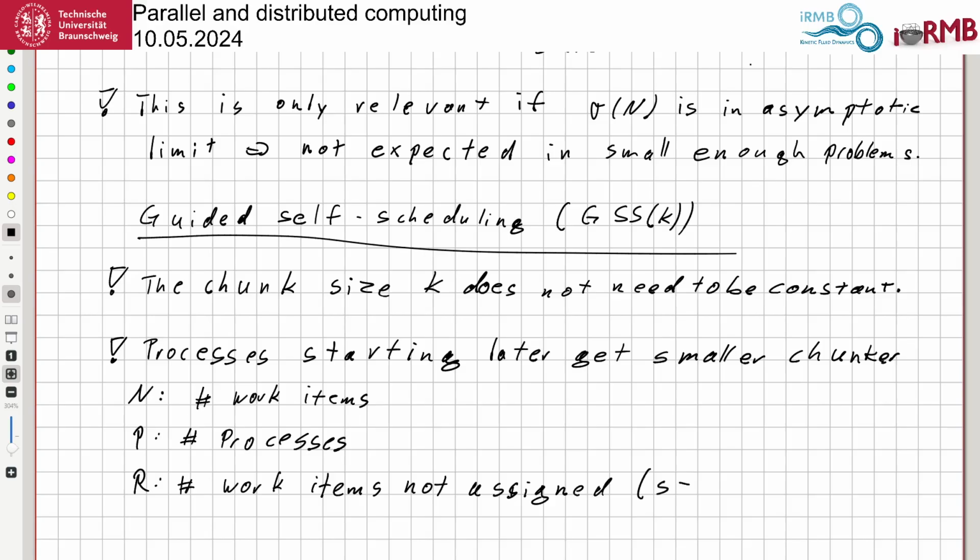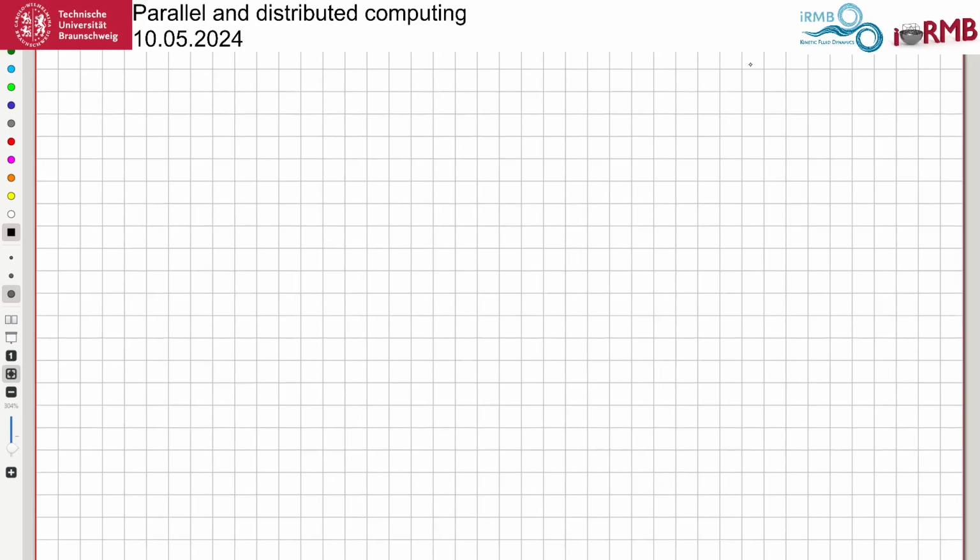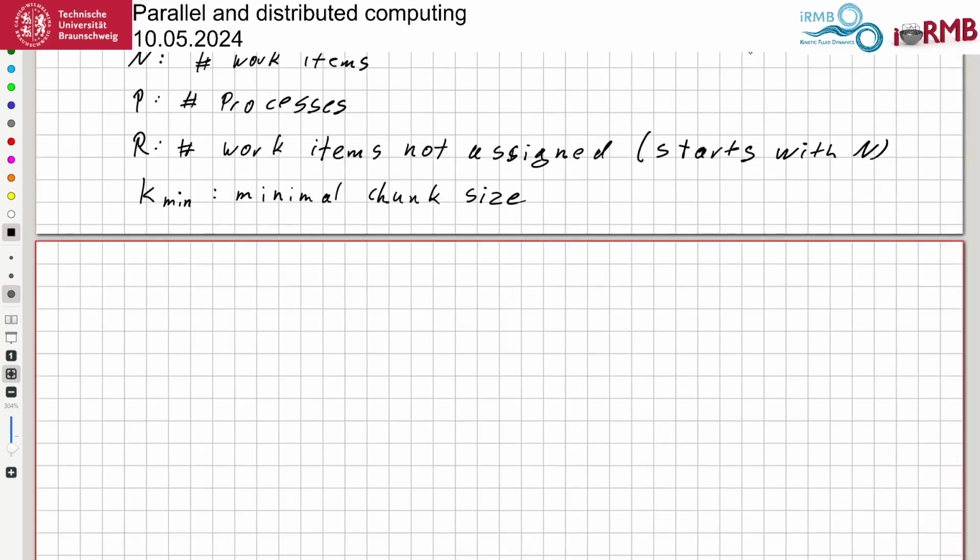So obviously at start this would be n, because there are n work items that are not assigned. And then there is k min, which is the minimal chunk size. Now we use the following very simple way of assigning work to the next idle worker.